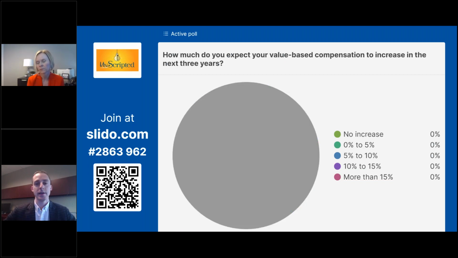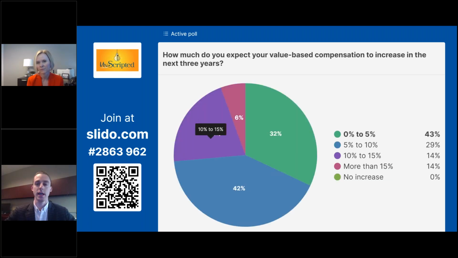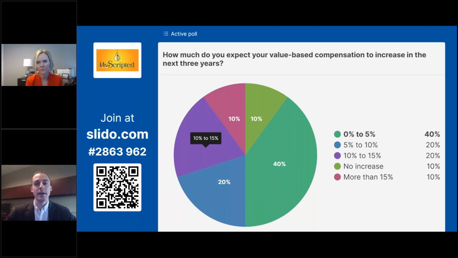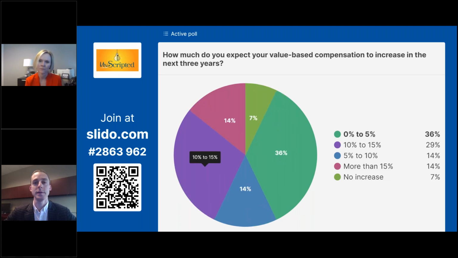So how much do you expect your value-based compensation to increase in the next 3 years? We're asking you to forecast and estimate here. It's not going to be an exact percentage, but we've got some ranges there. We do expect to see some increases. I had an ask recently, Angie, where we had discussed an arrangement that had about 50,000 at risk for a physician, and they came back to us a couple years after, which was a few months ago, and wanted to increase that to 150,000.